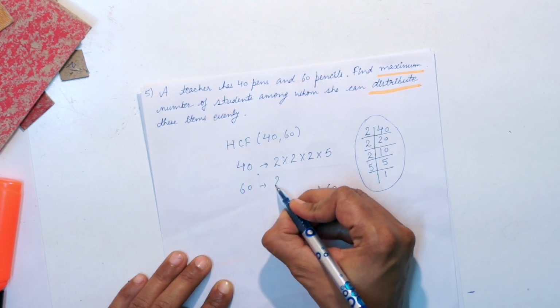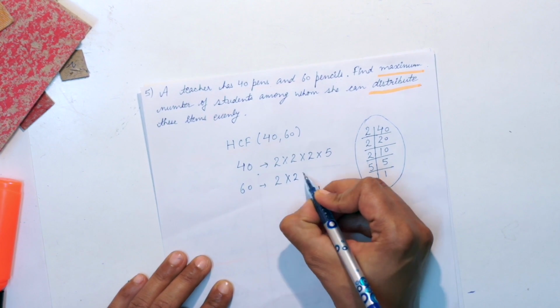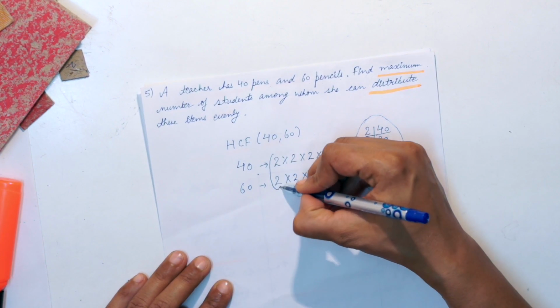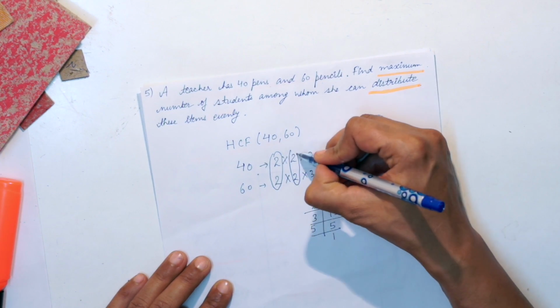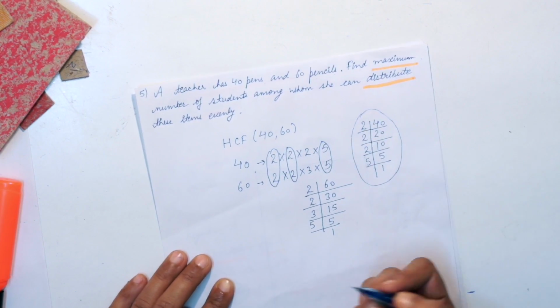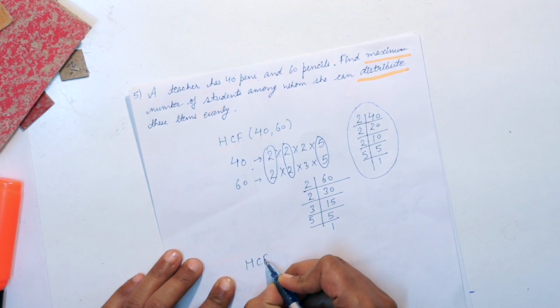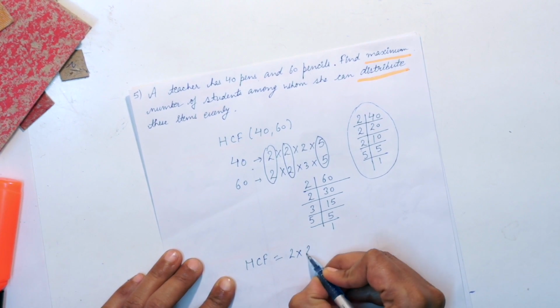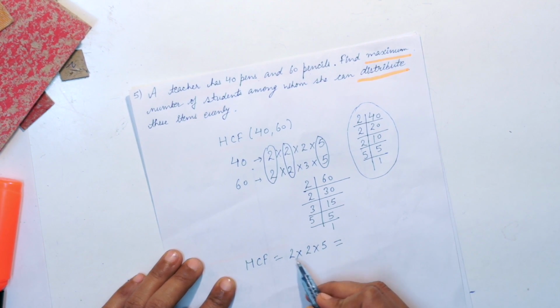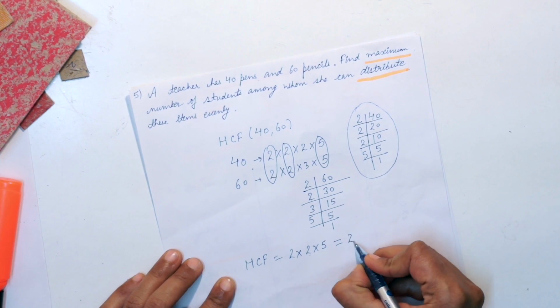So my factors here are 2 into 2 into 3 into 5. So what is common here? It's 2, again 2, then 5. So HCF is 2 into 2 into 5, that is equal to 2 2s are 4, 4 5s are 20.